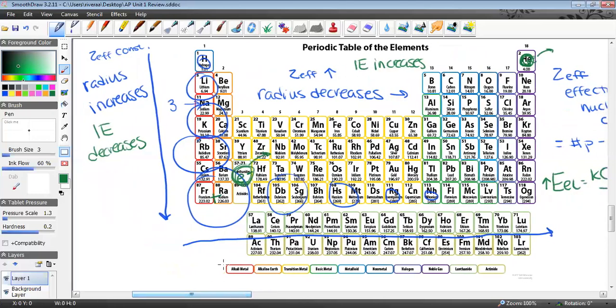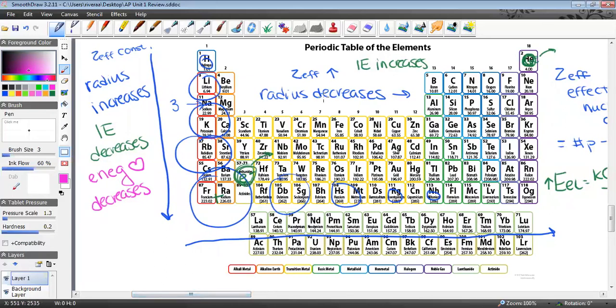And then lastly is electronegativity, which is love for electrons, being able to attract electrons in a bond. Think about it. Big radius between the atoms, not going to be able to very effectively pull on another atom's electrons. So electronegativity also decreases when we go down a group, and across a period, electronegativity increases.